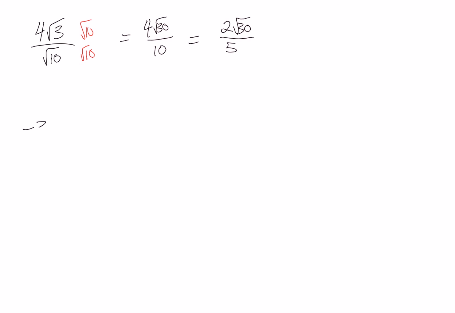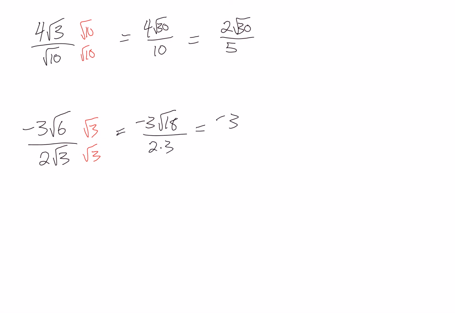If I gave you negative 3 root 6, we're going to divide it by 2 root 3. So we'd rationalize by timesing it by just the root 3, top and bottom. That gives you negative 3 root 18 divided by 2 times 3. So we'd have negative 3 root 18 over 6.